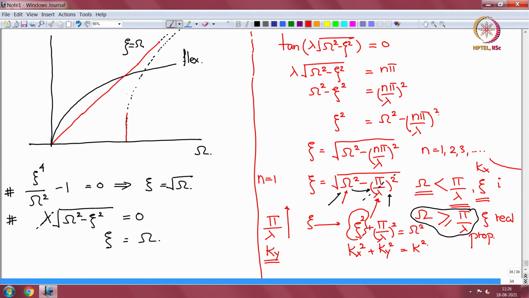Let me put it in red ink. So, this is a higher order wave number, but because it has a cut-on behavior we call them rigid duct cut-ons. I will use that terminology.